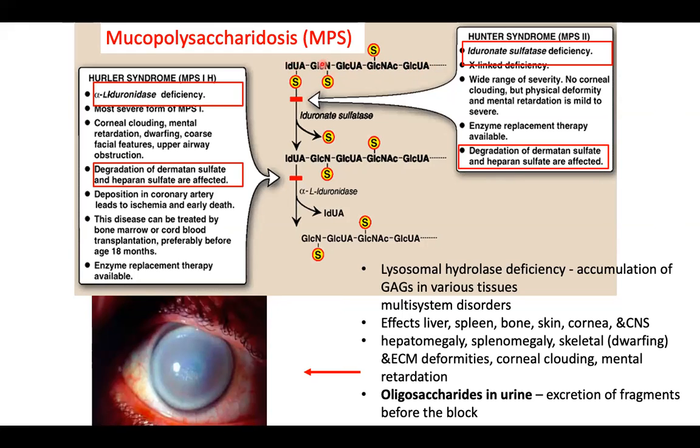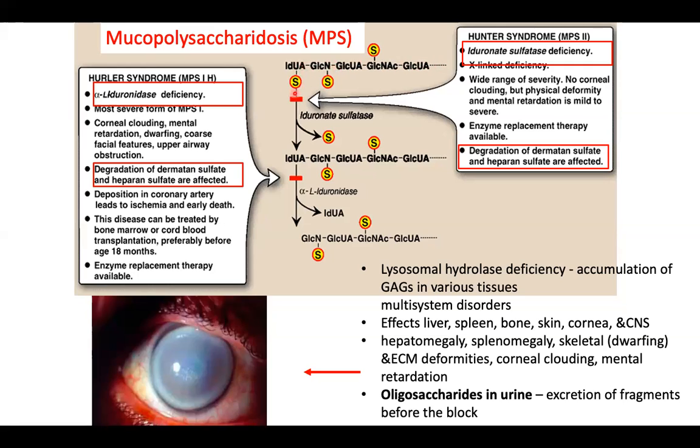We talked about how some of the GAGs have sulfates that stick out of them. Sometimes my GAGs are going to be sulfated. There's a specific enzyme called iduronate sulfatase that is responsible for removing the sulfate from my hyaluronic acid. And I need to remove the sulfur from my hyaluronic acid to break down the rest of this GAG chain.